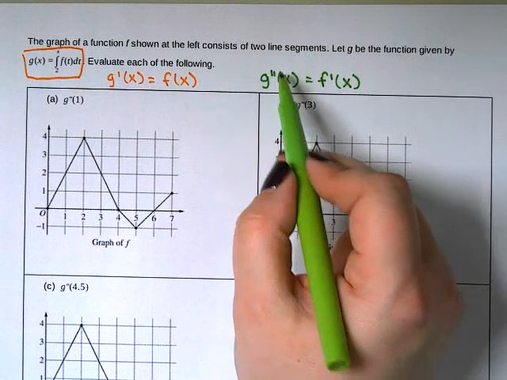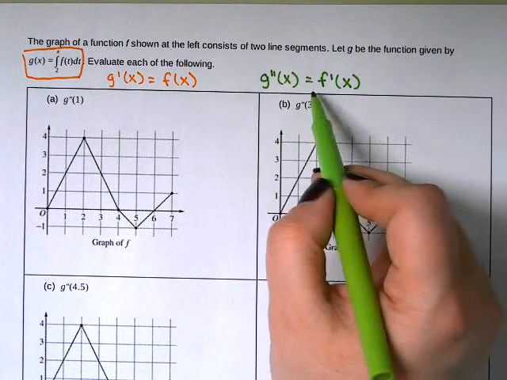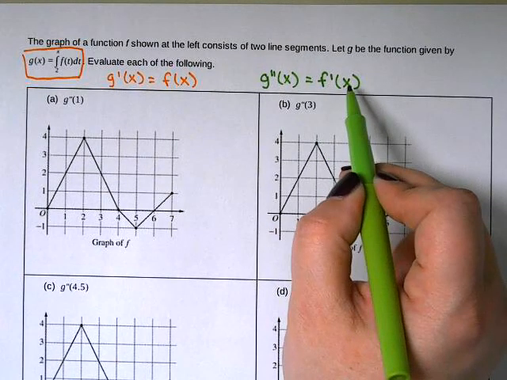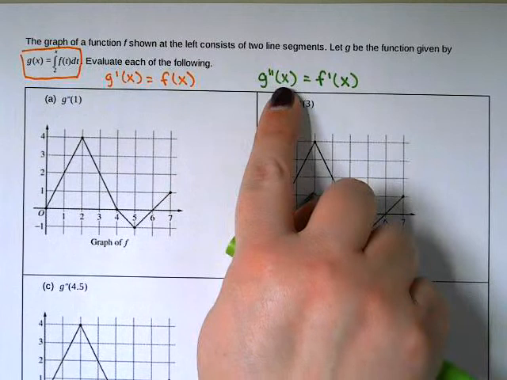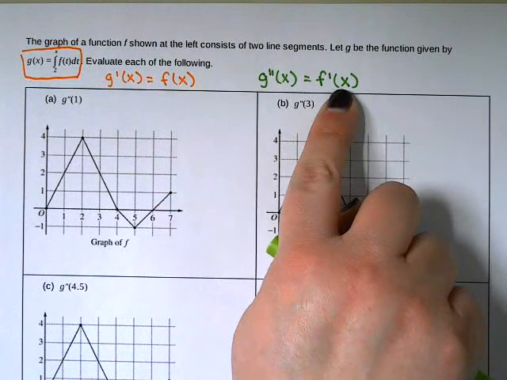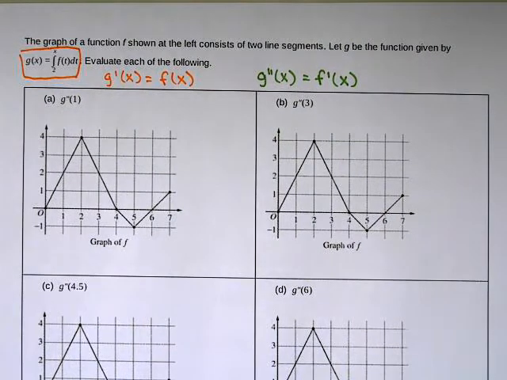So g double prime, or the second derivative of my accumulation function, is really the first derivative of the function that was inside the integral. So g double prime is equal to f prime of x. Well, if we look, we're given the graph of f on each of these, the same as we were before.